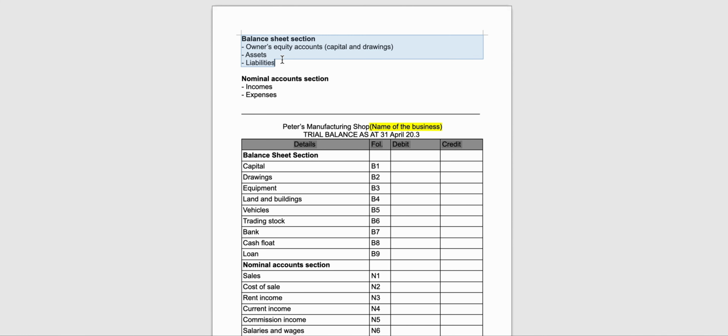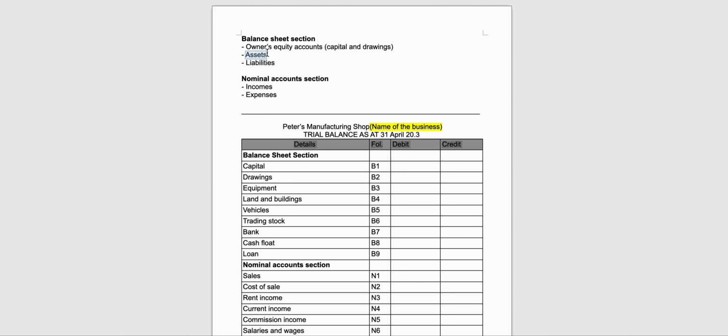So in the balance sheet section, you are going to record three things. First, your owner's equity accounts, which are capital and drawings. After you're done with recording the capital and your drawings, you're going to move on to your assets.